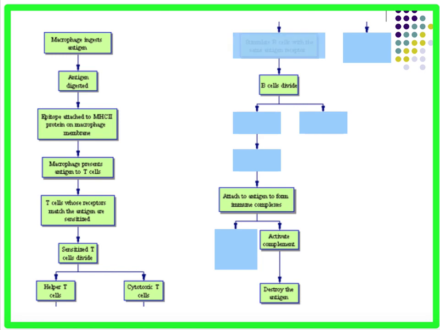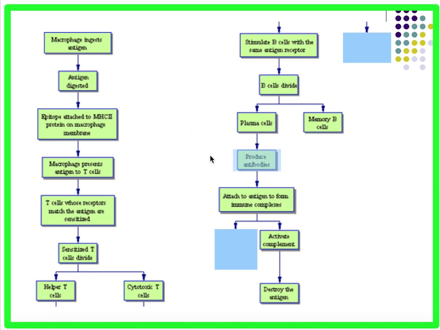So the helper T cells, what do they do? They call for more help. One of the ways they call for help is by activating our B cells. When stimulated, our B cells will divide into plasma cells and memory cells. Our memory cells will stick around and remember in case the same pathogen infects us. Plasma cells do a very important thing.